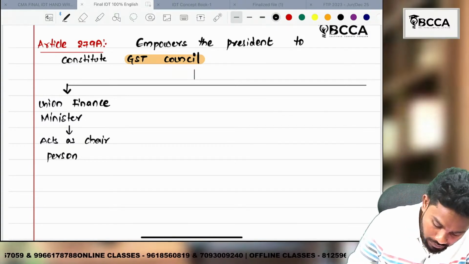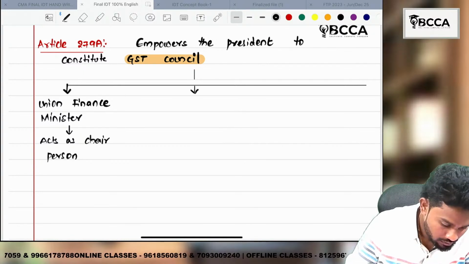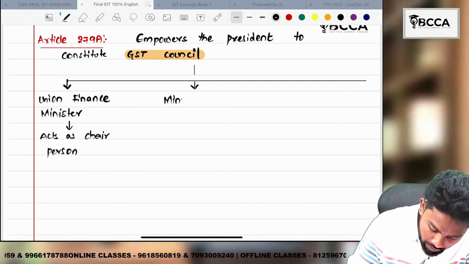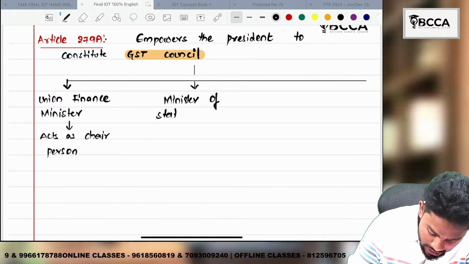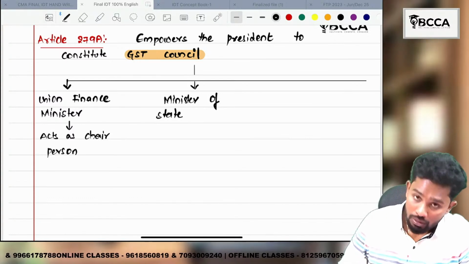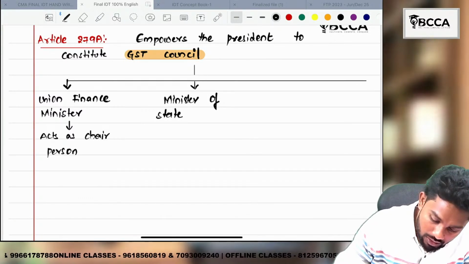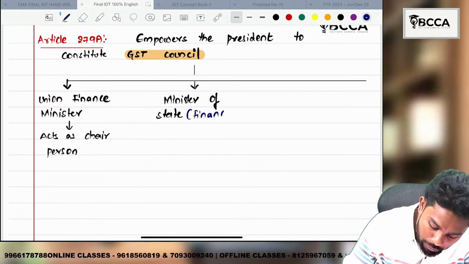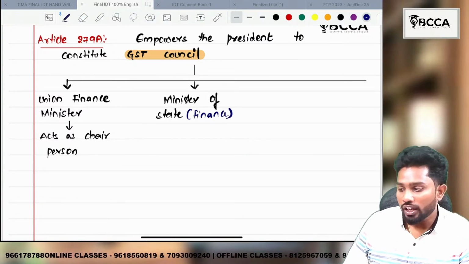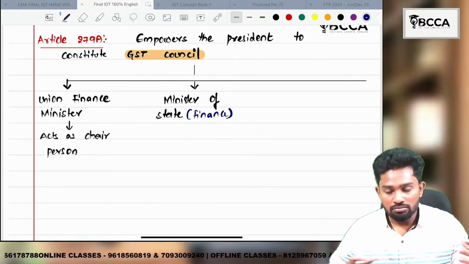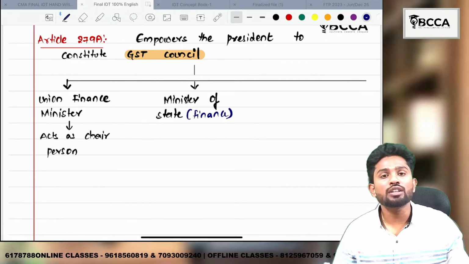And then the Minister of State. Sir, the Minister of State, don't think like he or she is from a state government. No. They are also finance only. These are deputy finance ministers. The Union Finance Ministry is a ministry which needs to cater to so many things.